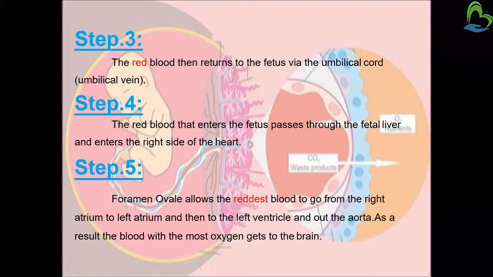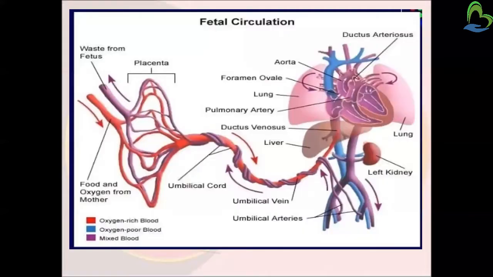So it can easily pass to the fetal brain and gets maximum oxygen. In this figure, same, from right atrium to left atrium to left ventricle and through the aorta, it goes into the fetal brain. So this is step 5.